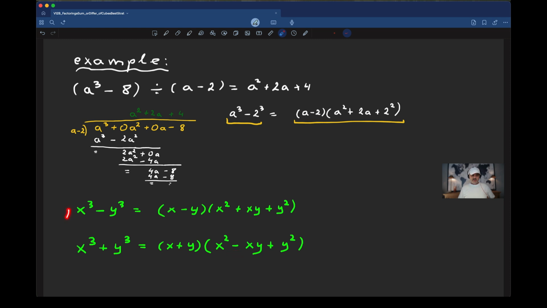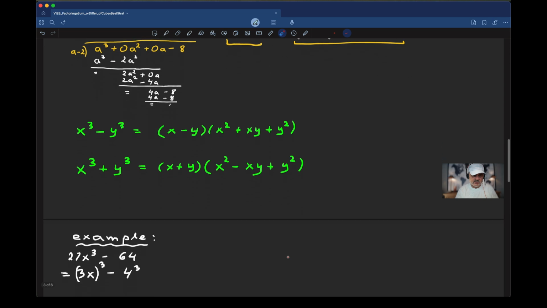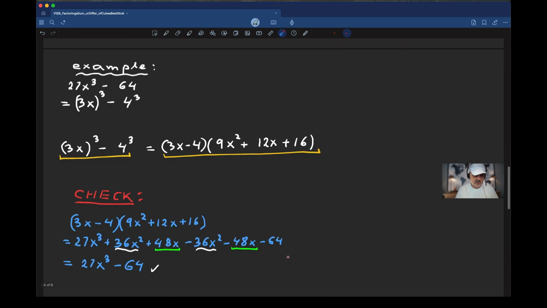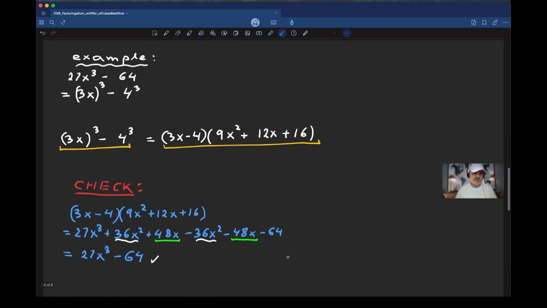So the difference comes with difference times the sum. That's sort of the way for you to remember. And the sum of cubes comes with the product of a sum of two terms and a negative sign in the middle of that trinomial. So let's apply that to examples and see how this goes so that we understand the pattern and we are able to factor difference of cubes.